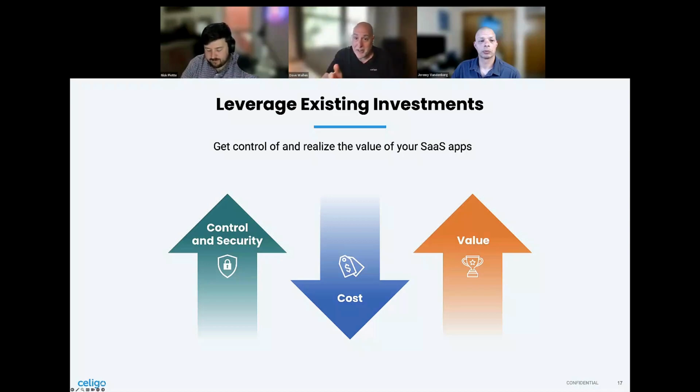And at the same time, it allows you to get rid of the legitimate extra licensing. No more providing someone pure visibility into an app. Just dump that data in a data warehouse and present it using your data visualization tool of choice. So we're going to get better productivity, we're going to reduce license count, and we're going to get cost savings. So that's where the control and security is up, costs are down, and you're actually getting that value out of those SaaS applications. That was the point of investing in them in the first place.